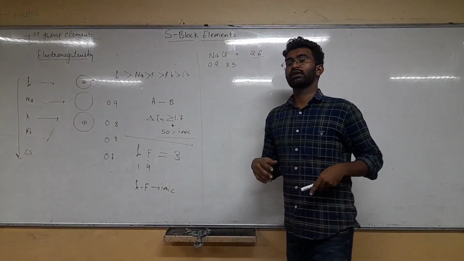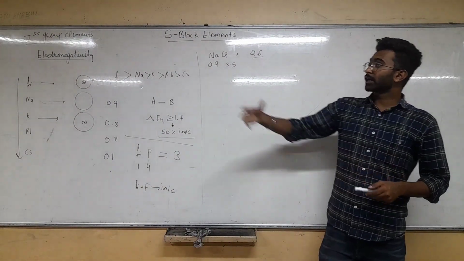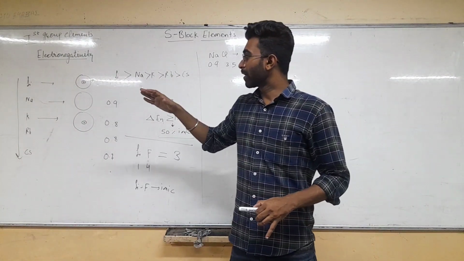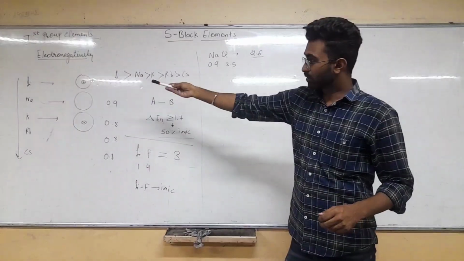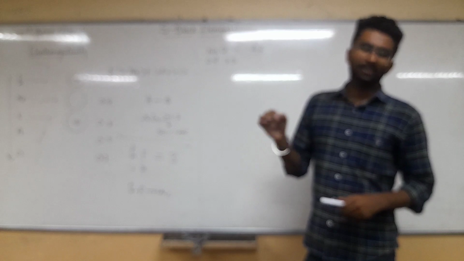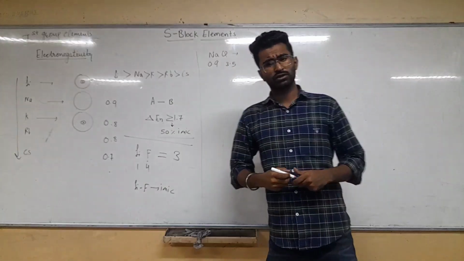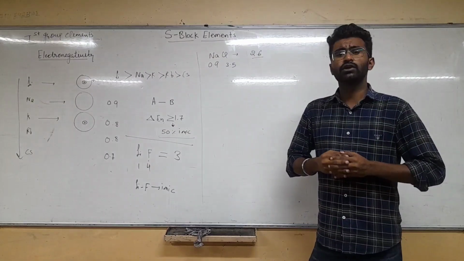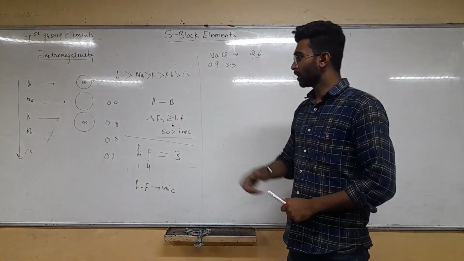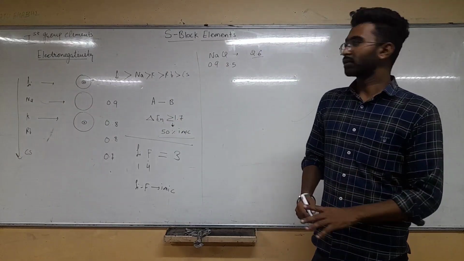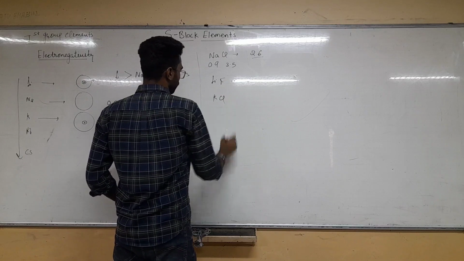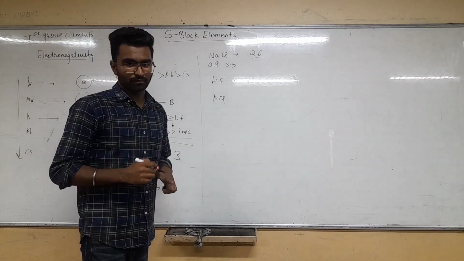So what we can conclude from the electronegativity values is that the bonds which first group elements make are ionic. Almost all compounds made by the first group elements are ionic: NaCl, LiF, and we have talked about KCl.